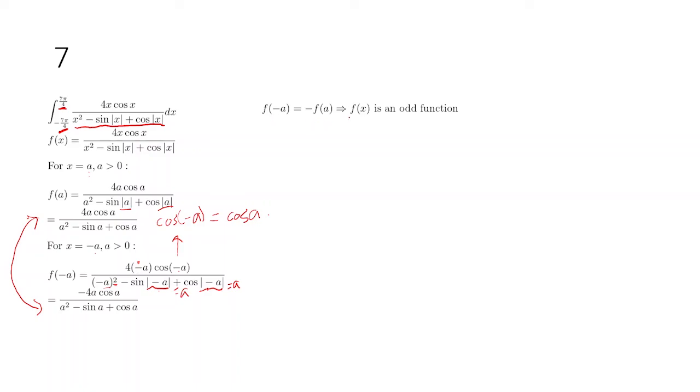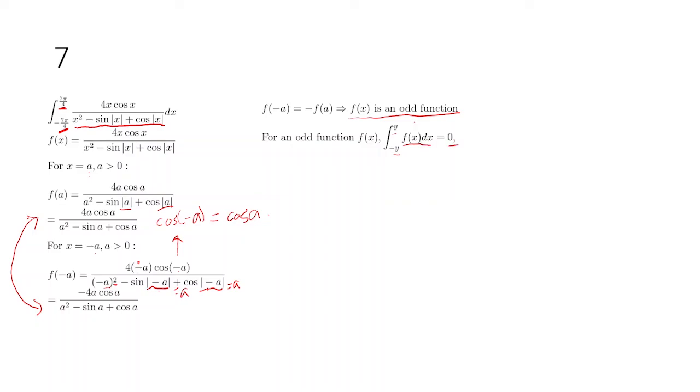Now, what does this mean? This means that f(x) is an odd function. Now, for odd functions, there's a rule for any odd function where it's from negative y to y, just like this problem, negative 7 pi over 4 to 7 pi over 4, the integral of the function with respect to x is equal to 0.